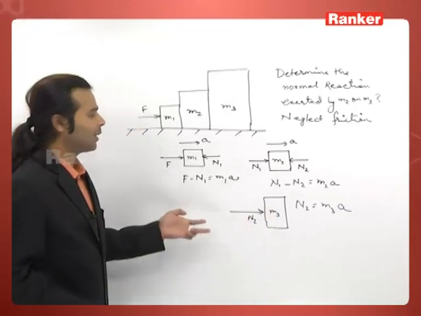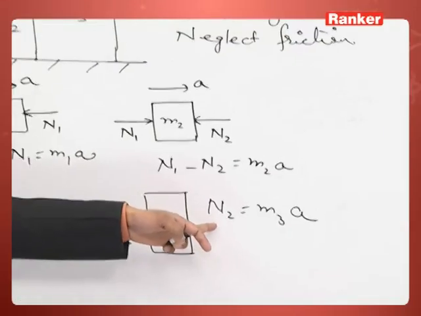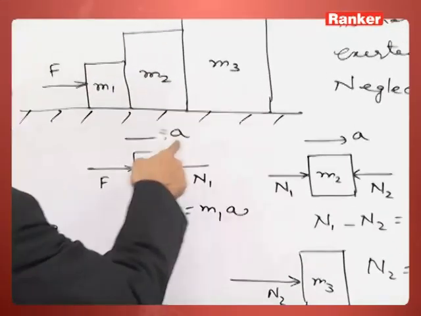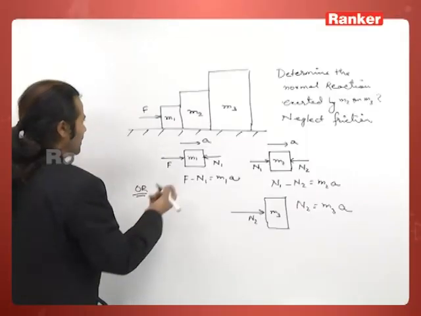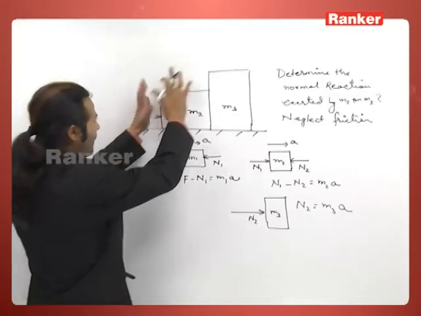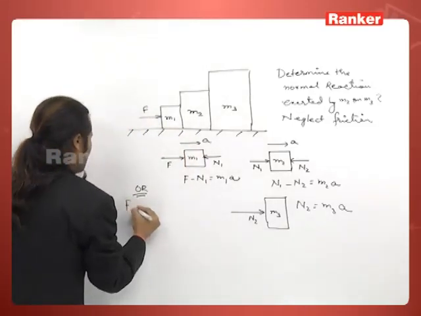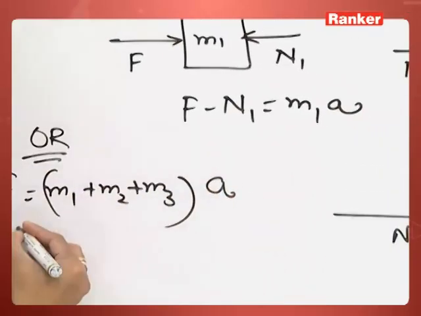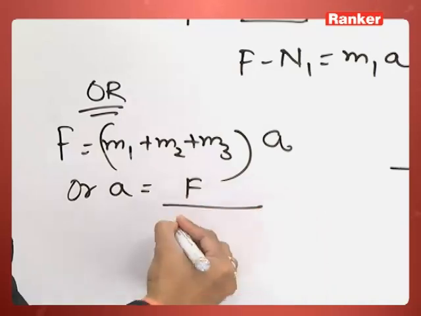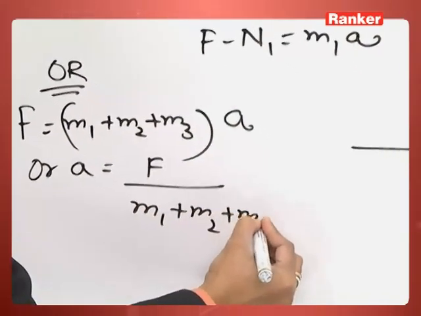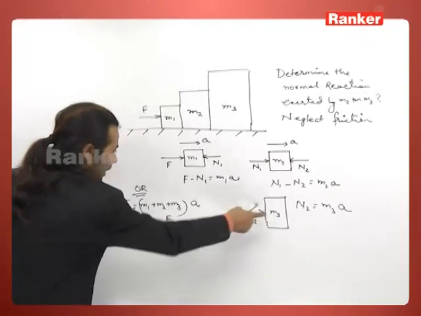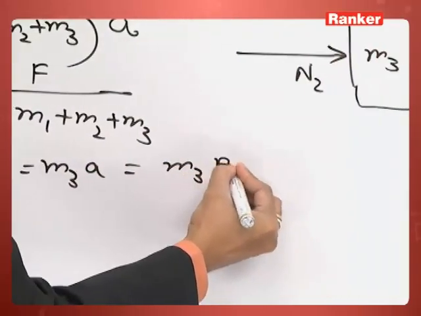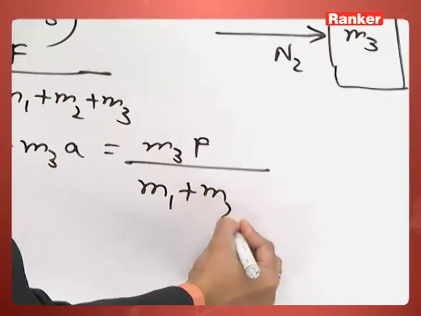You can easily solve these equations to find out the normal reaction, that is N2, or else, since M1, M2, M3 are accelerating with the same acceleration, the only force acting on this combined system is F. So I can write F is equal to M1 plus M2 plus M3 into A, or A is equal to F divided by M1 plus M2 plus M3. And on M3 I can write directly N2 is equal to M3 into A, that is M3 F divided by M1 plus M2 plus M3.